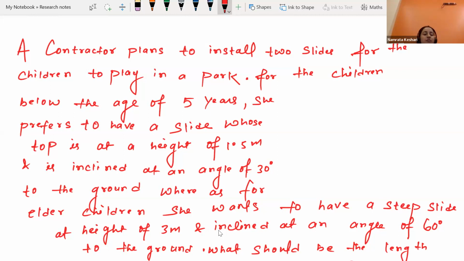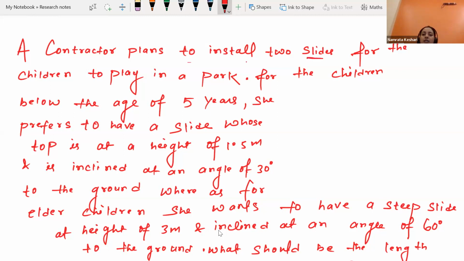If you have drawn the figure properly, then definitely you will be able to think about the trigonometric ratio, the given part finding. So the question says that a contractor plans to install 2 slides.